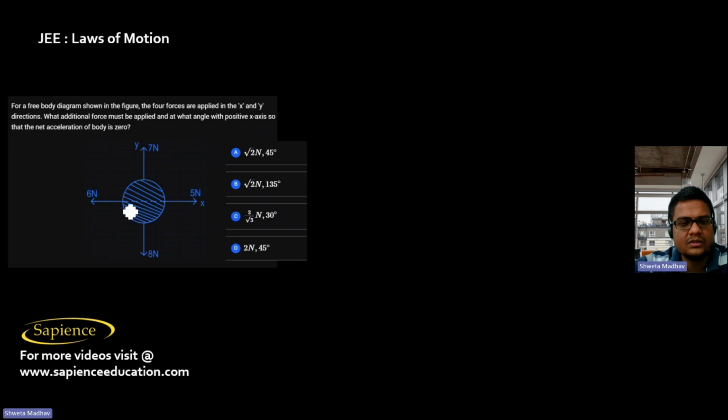So the net force acting in this case is equal to minus i cap and minus j cap, since 1 Newton net force is acting downwards and 1 Newton net force is acting towards the left.